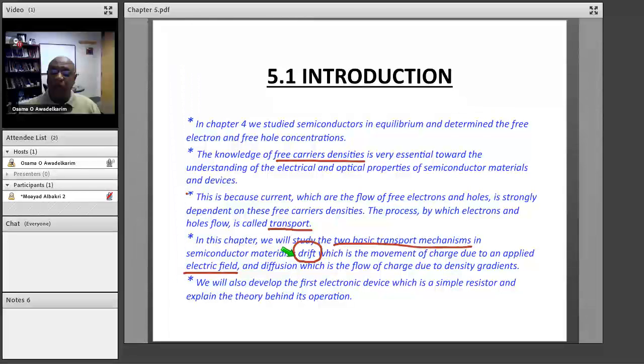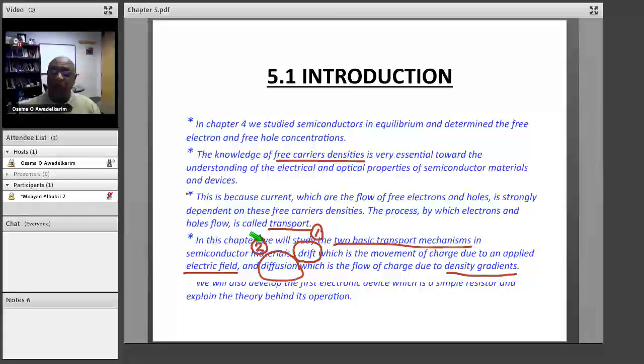This process, which is motion of charge due to density gradients, is called diffusion. So the two mechanisms are: one, drift; two, diffusion.